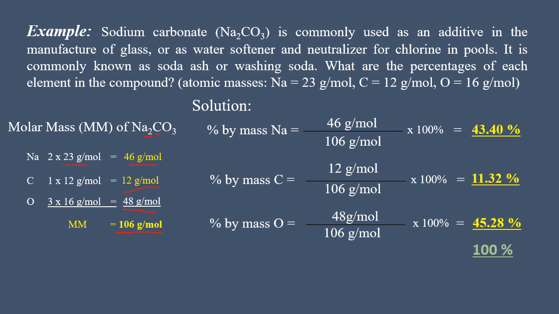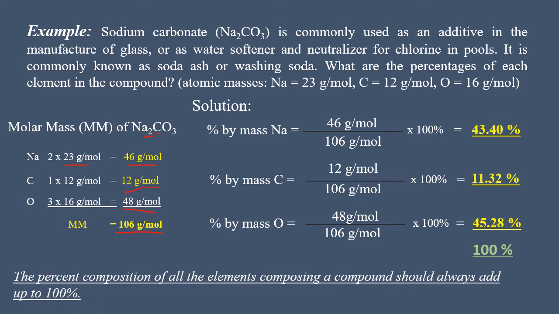To sum up, it is equal to exactly 100%. The percent composition of all the elements composing a compound should always add up to 100%. I hope that is very clear to you.